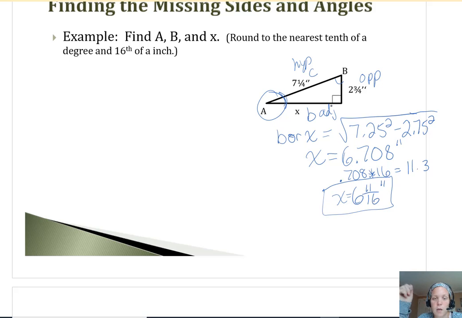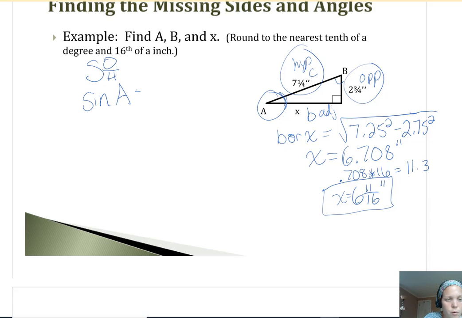I could do sine because I know opposite and hypotenuse, cosine because I know adjacent and hypotenuse, or tangent because I know all three sides. But it's usually best to stick with what we were given originally. So let's do opposite and hypotenuse, which is sine. So sine of angle A is opposite 2.75 over hypotenuse 7.25.